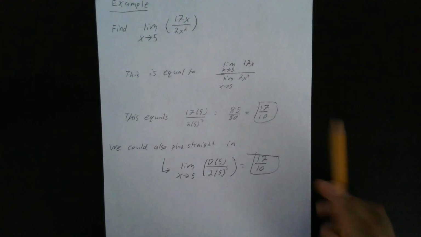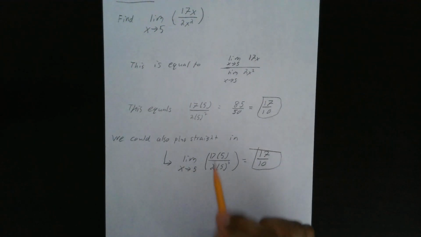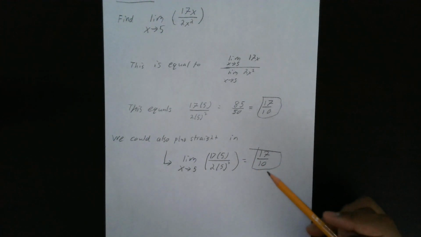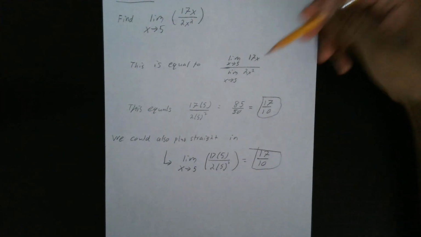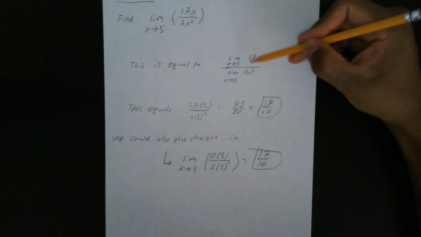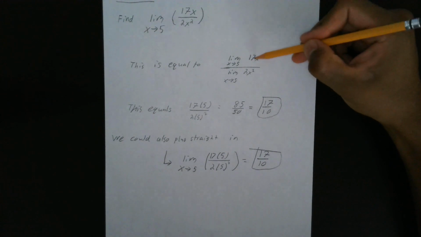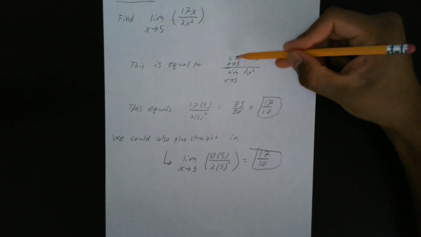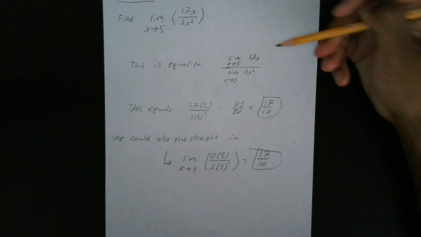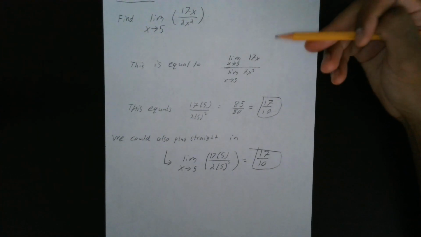Now we could have also plugged straight in. We could have just plugged in 5 for all the x values, and we would have gotten the same result as you see here. So just remember that as long as a function is normal at a certain value, like the limit as x approaches 5 of 17x, there's not going to be any strange behavior.